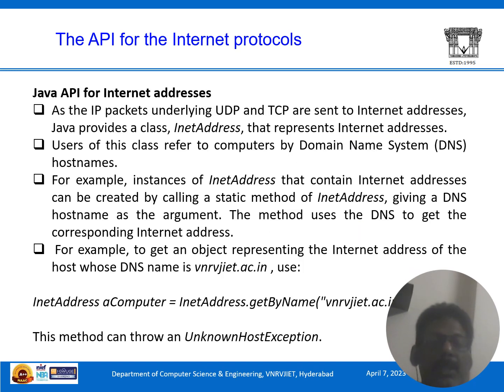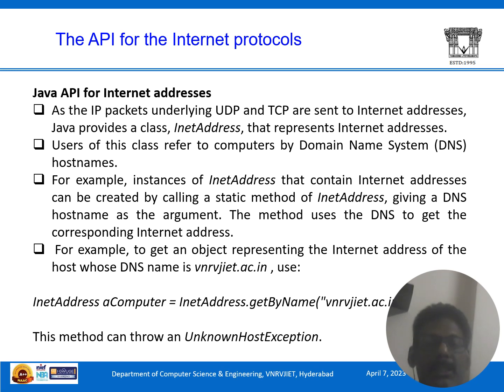What are the APIs required for internet addresses in Java programming language? As the IP packets underlying UDP and TCP are sent to internet addresses, Java provides a class called INET address that represents internet addresses. Users of this class refer to computers by domain name system or host names.